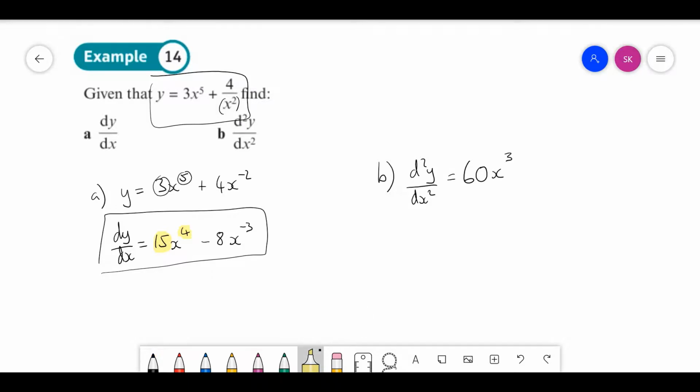And then I'm going to do negative 3 times negative 8, which is positive 24, x to the power of, and then 1 less than negative 3 is negative 4. And that is my second derivative. Hopefully you can see there's nothing really very new here. It is just doing the same thing once more, having first differentiated. So make sure you've written notes there, and then we'll do one more example.